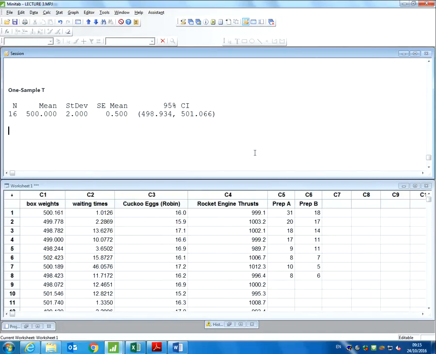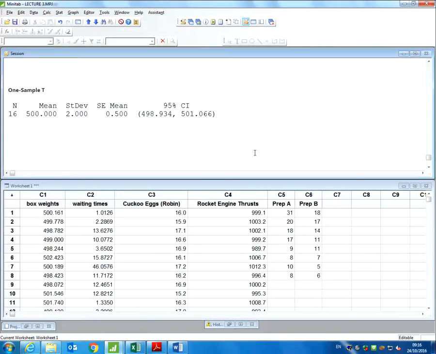Boxes of cereal, we're looking at the weights, so what's the data type? Is it quantitative or qualitative? It's quantitative. Is it continuous or discrete? It's continuous. So we've taken a sample of 16 boxes. The sample mean is 500 grams to 3 decimal places, that's why it says 500.000.